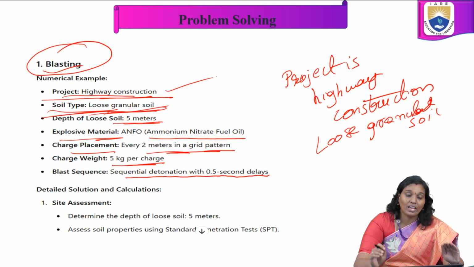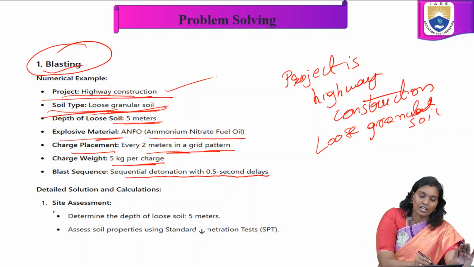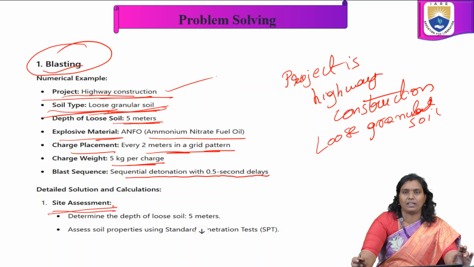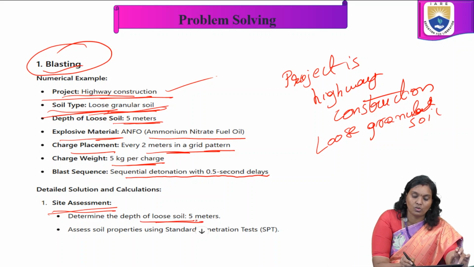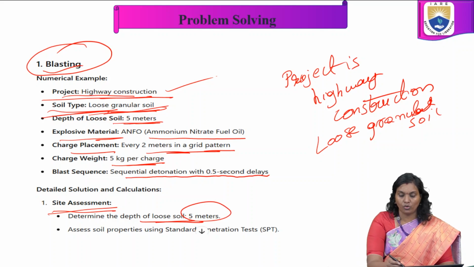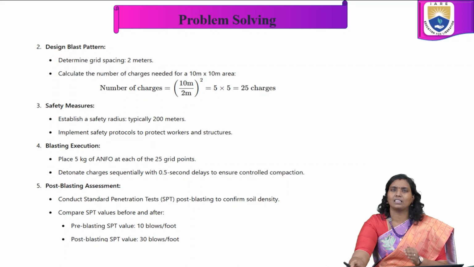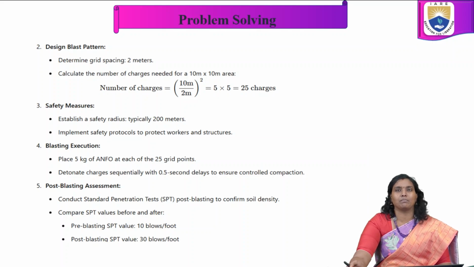Now, how do we do this process? First, we do the site assessment. In site assessment, determine the depth of loose soil, equal to 5 meters. Assessing the properties and also using the SPT, the standard penetration test, we understand what soil properties are involved in that particular locality. Now, design the blast pattern.